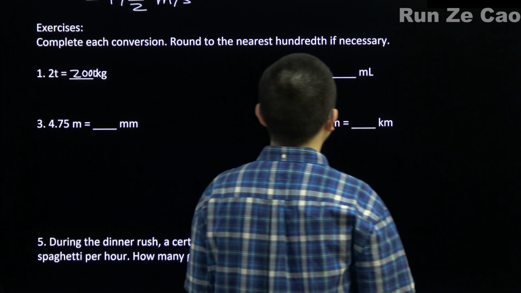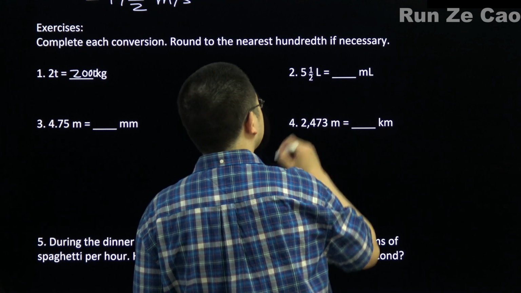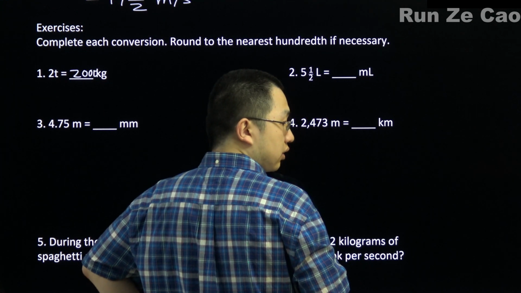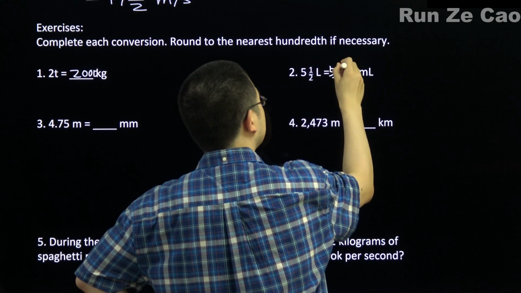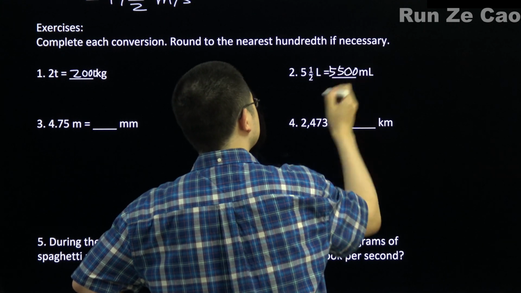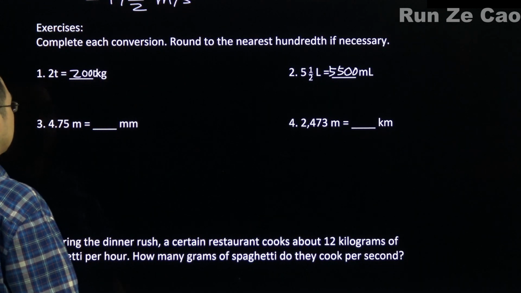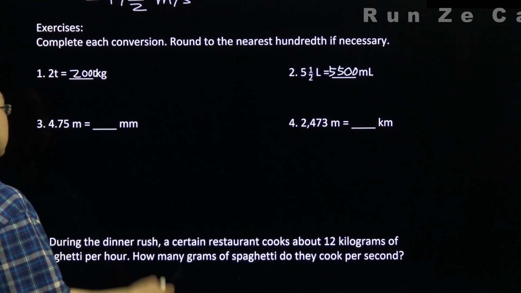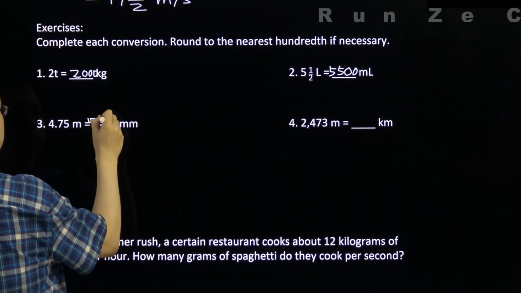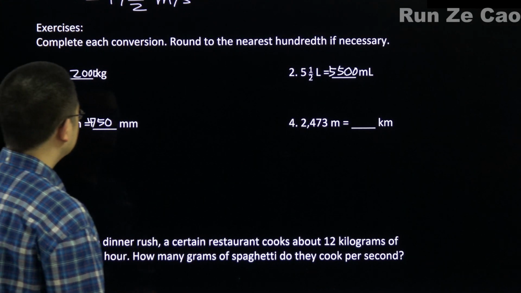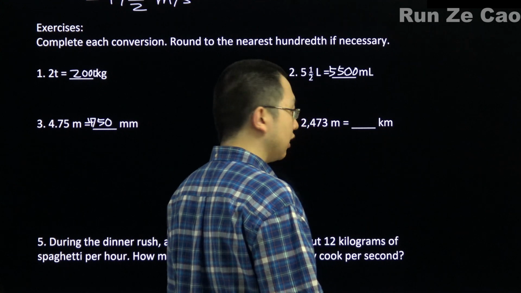5.5 liters is how many milliliters? 5.5 liters times 1,000 milliliters per liter is 5,500 milliliters. 4.75 meters, well, each meter is 1,000 millimeters, so 4,750 millimeters. 2,473 meters is how many kilometers?